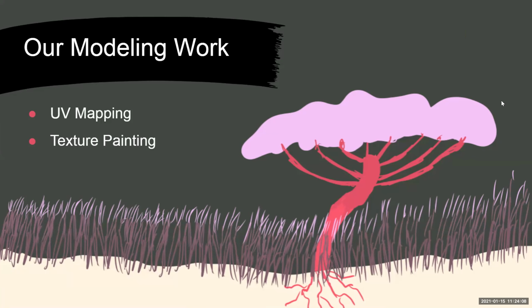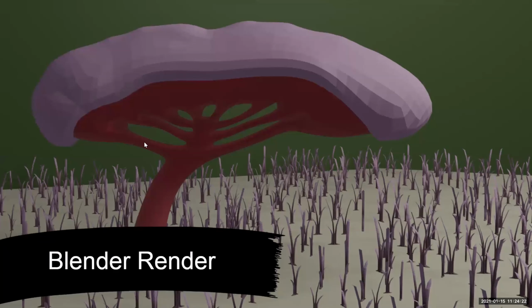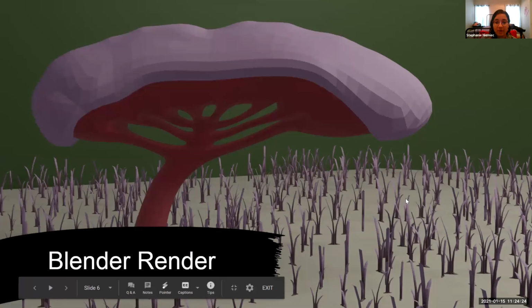Another thing I had to figure out was how to texture paint and how that would affect importing the asset from Blender to Unreal. On the next slide, based off this image, I have created some grass that we can use as well as a fungal tree of sorts.